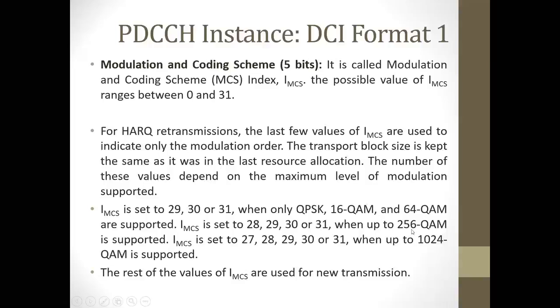If it is up to 256QAM, then up to 27. If it is 64QAM, then values up to 28 are used. Although you need some 27 levels, you can use up to those levels anyhow. But when it is up to 1024QAM, then 27 levels fit into 0 to 26.